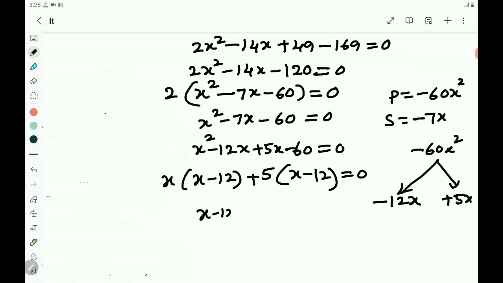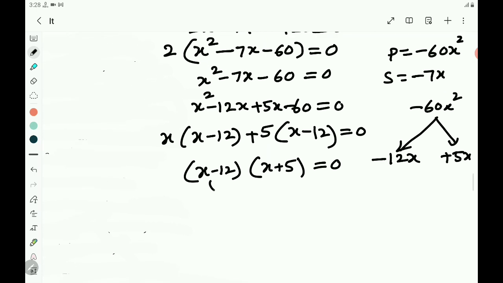Write x minus 12 in one bracket, and in the other bracket x is remaining, 5 is remaining: x plus 5 equals 0. Equate each factor to 0: x minus 12 equals 0, or x plus 5 equals 0.